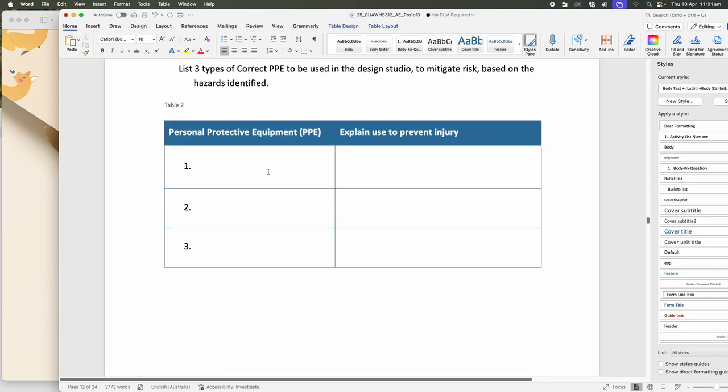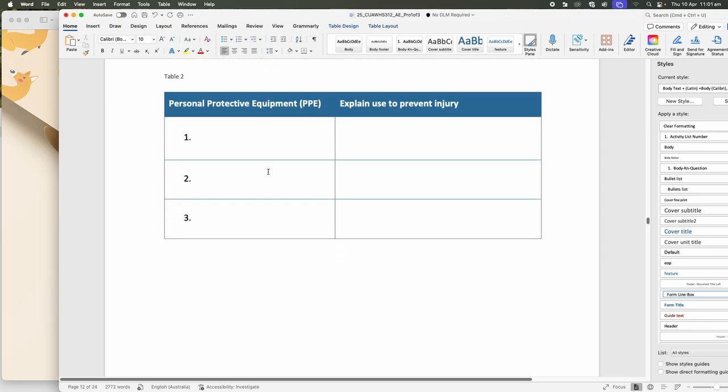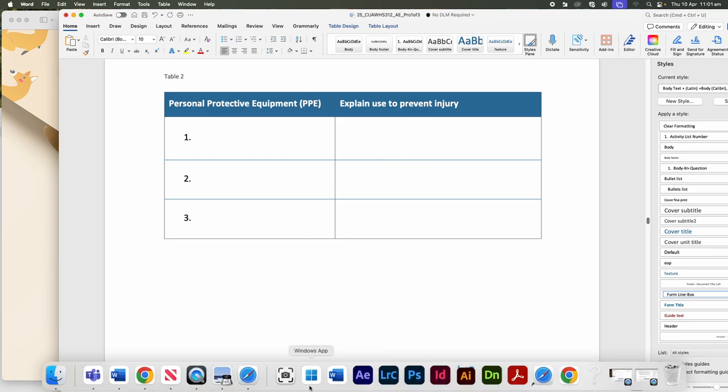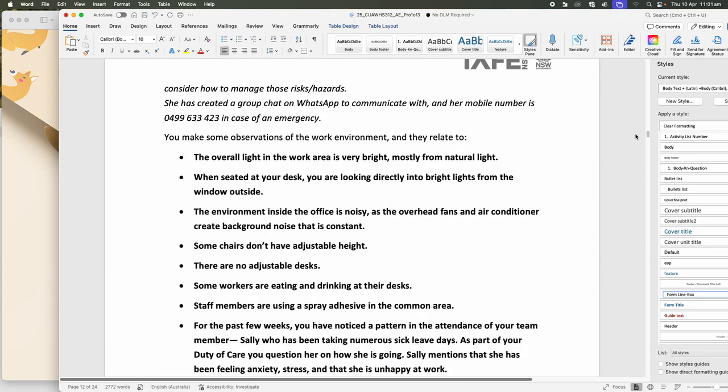The next question deals with you thinking about the hazards that were identified in the studio and explaining what personal protective equipment could be used. So if you're not sure, refer back to the hazards that were identified right at the beginning.